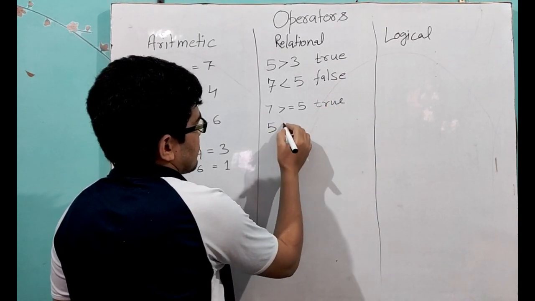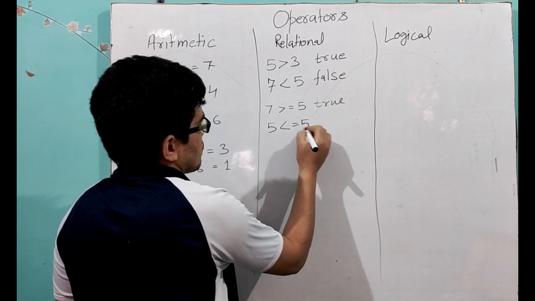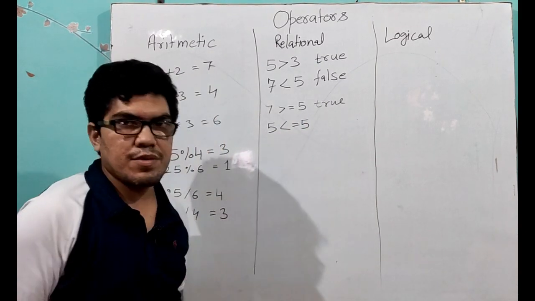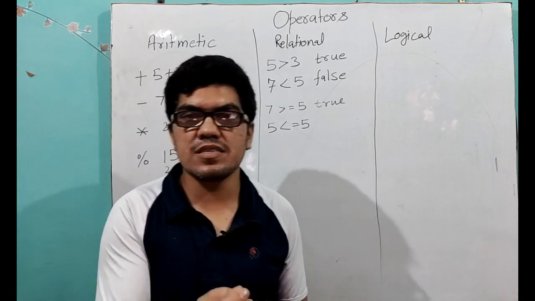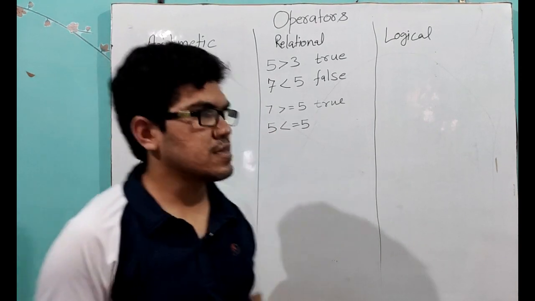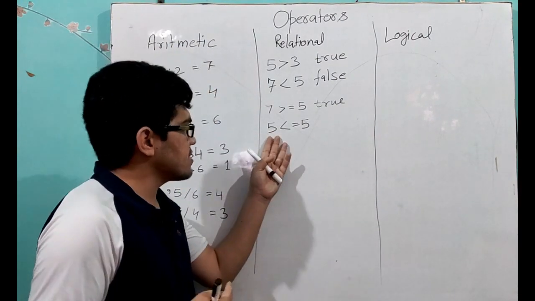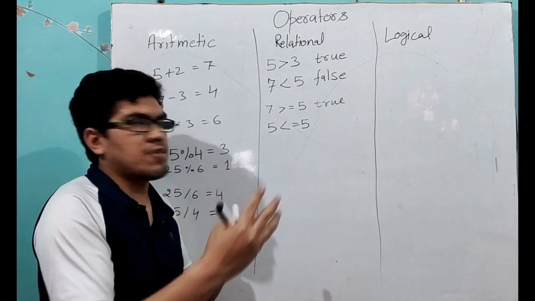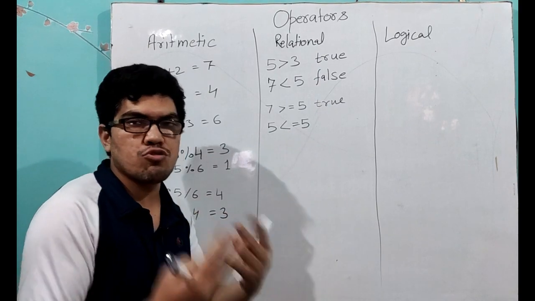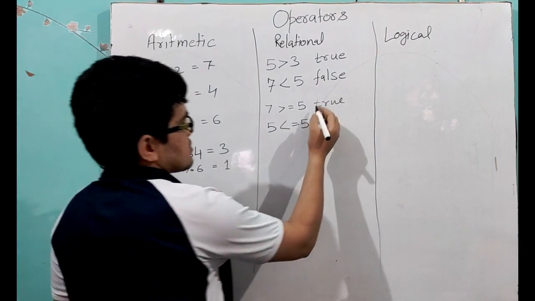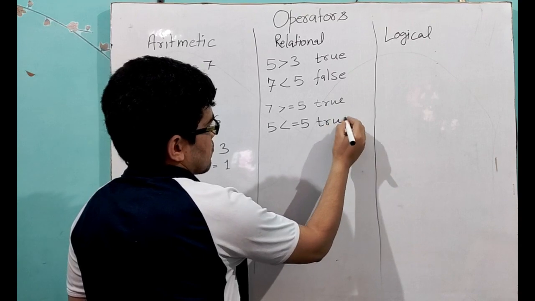Next, 5 less than or equal to 5. Now tell me, is 5 less than or equal to 5? Of course yes. It is not less than but equal to. So if it is either less than or equal to 5, then it gives you true. So the answer is true.